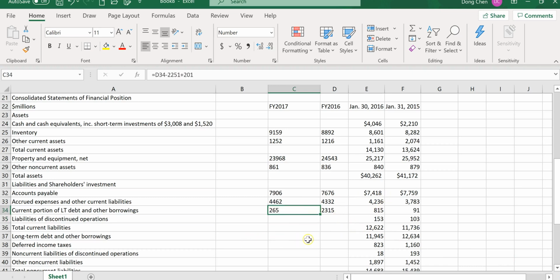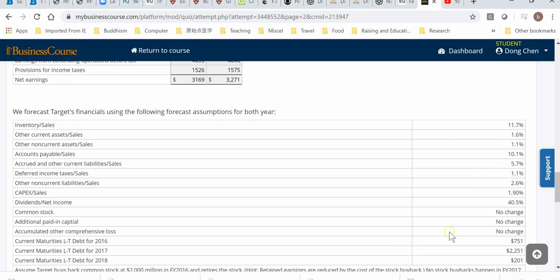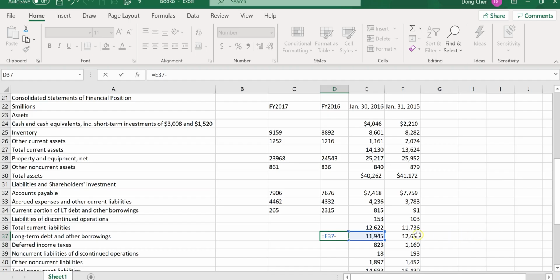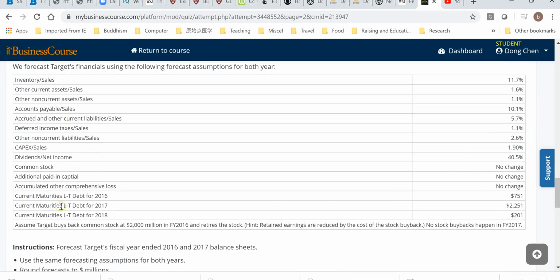And for the long-term debt, we can just directly go to the long-term debt and other borrowings. So long-term debt will also be based on the current level, but then we should get rid of the current portion of the long-term debt. So for the next year, we should get rid of the current maturities of long-term debt for 2017, right?